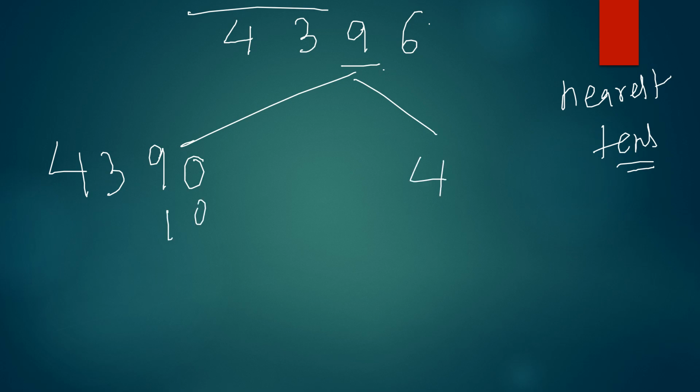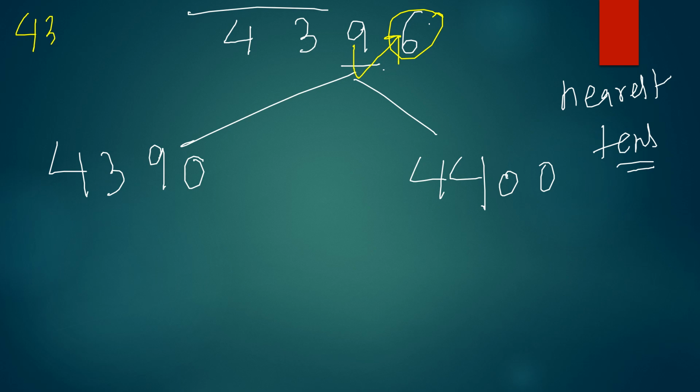You will see the number has become 4400. These are the tens between which 4396 lies. After that, the process is the same. From the tens place, look to the right, it is 6. 6 is bigger than 5.